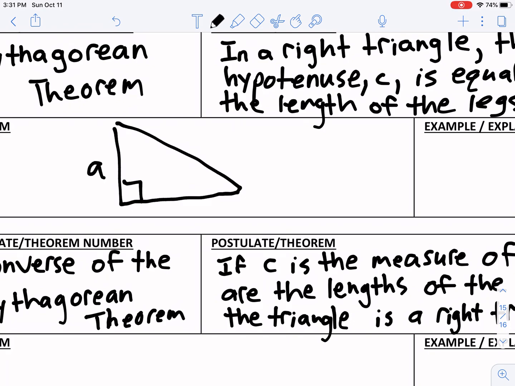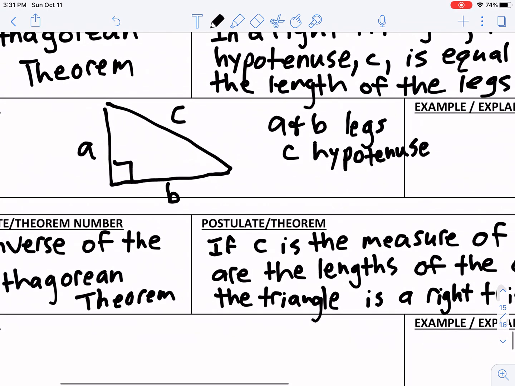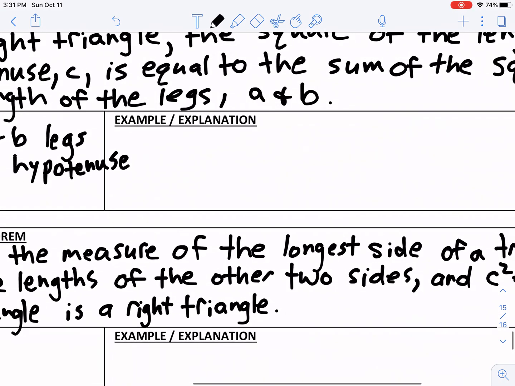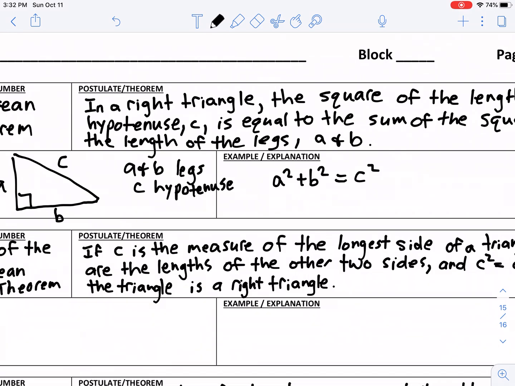The legs A and B and hypotenuse C. So if we have a right triangle where A and B are my legs and C is the hypotenuse, then A squared plus B squared, the two legs squared added together, will always equal C squared, okay? That will always be true. The two legs squared added together will equal the hypotenuse squared, okay?